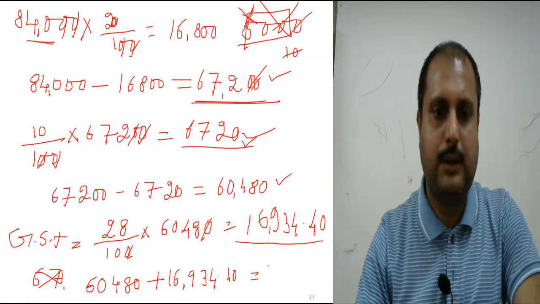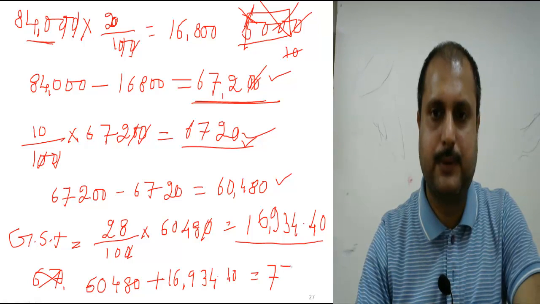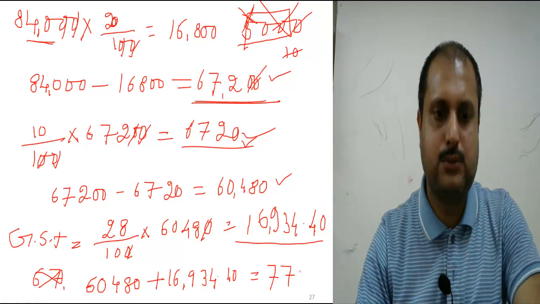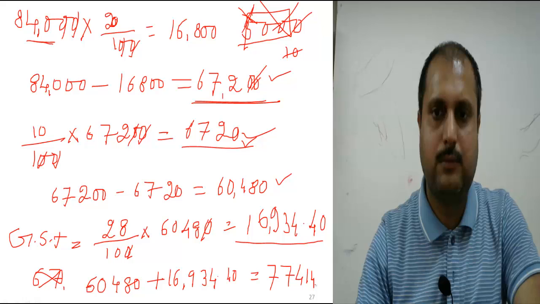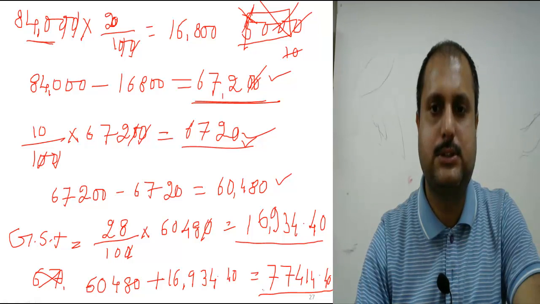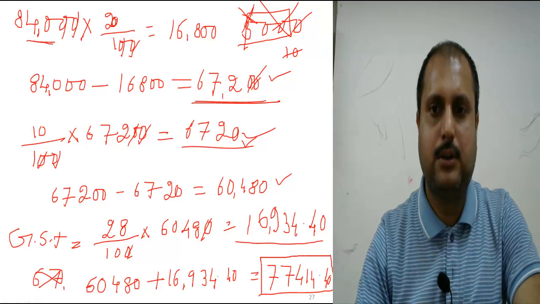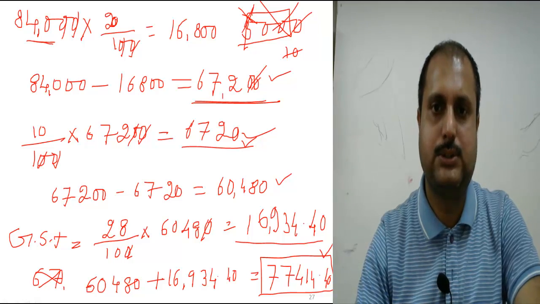So what will be the total amount? The total amount would be 77,414.40. So after inclusion of the GST, this is the amount that he has to pay for the Dell laptop, including the GST.